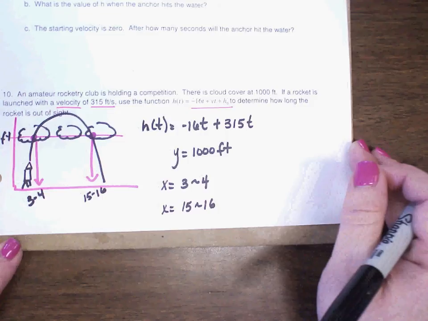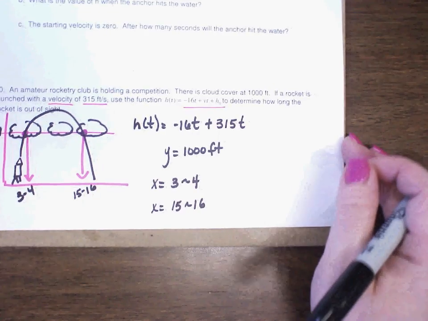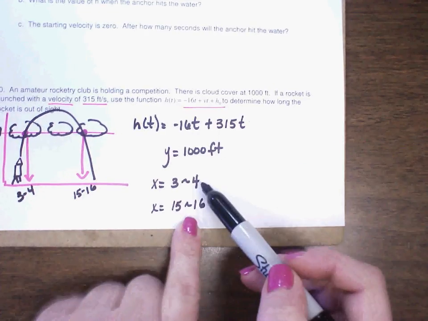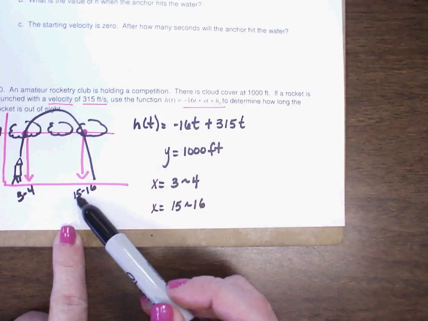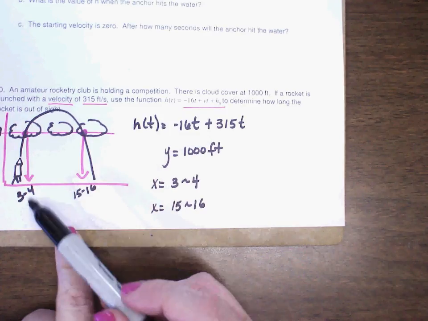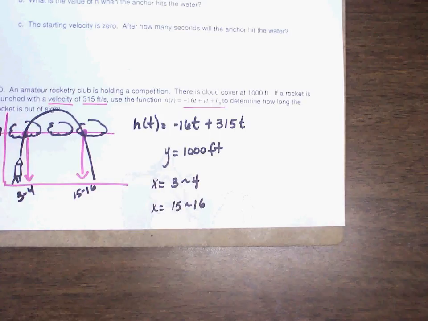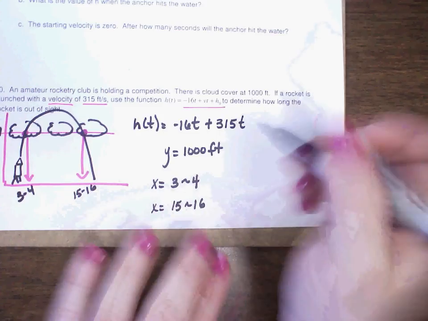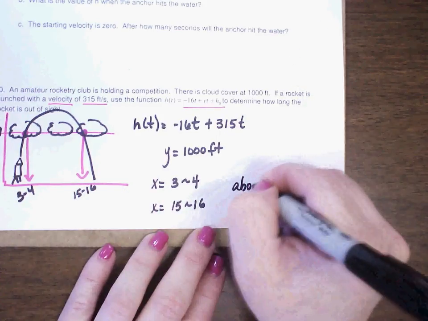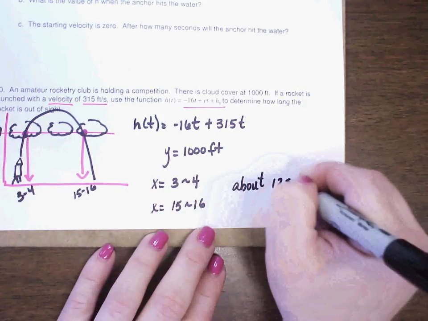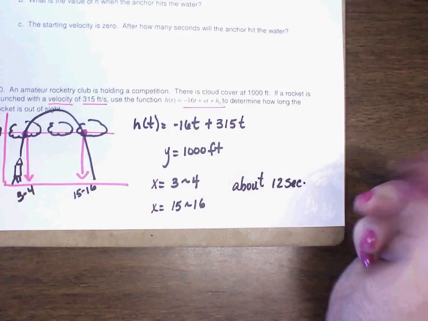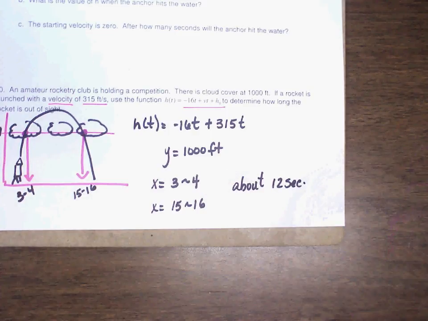About 12. What is the difference between 3 and 15? 12. What is the difference between 4 and 16? 12. So he's telling me between 12 and 10 because he knows that it's between that interval. Very good. So it's about 12 seconds.